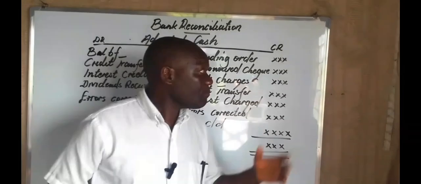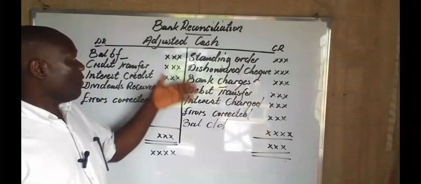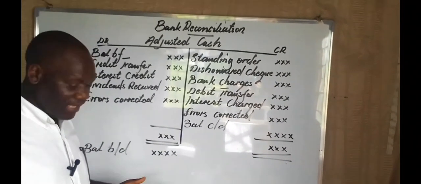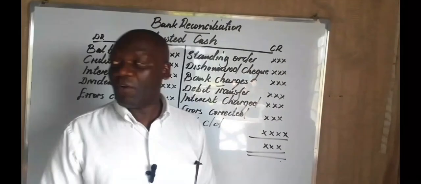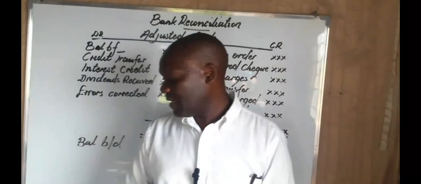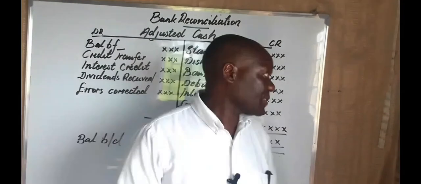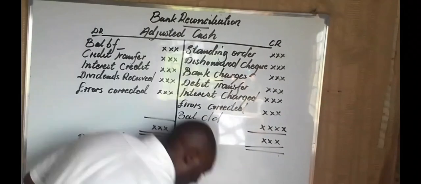So now, this is the formatting of adjusting the cash book. Let us look at the formatting of the bank reconciliation statement using the adjusted cash book balance. Okay.